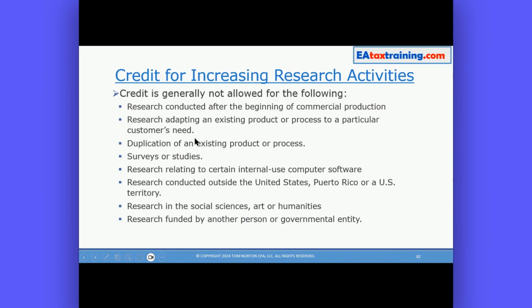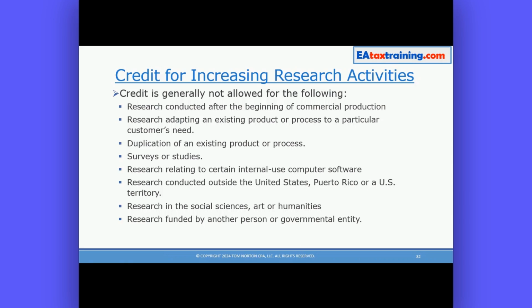Here's a list of things that are not allowed under this credit. Research conducted after the beginning of commercial production. So the idea of this is that you are researching for new things, new technologies. Well, once you've already started commercial production, then you can no longer take the credit for this research.